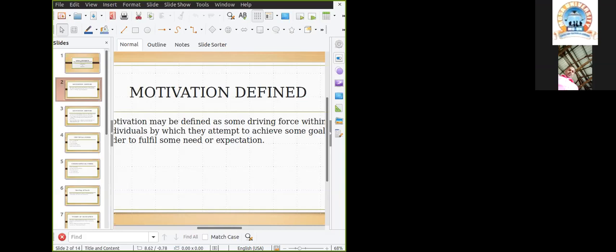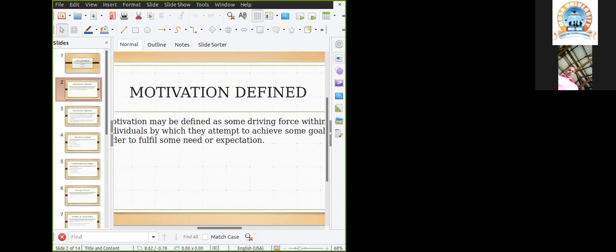For you to motivate a person, first of all, you have to identify the third aspect, that is their need or expectation. When you have identified their need, then you give them the goal or objective that you want them to achieve.